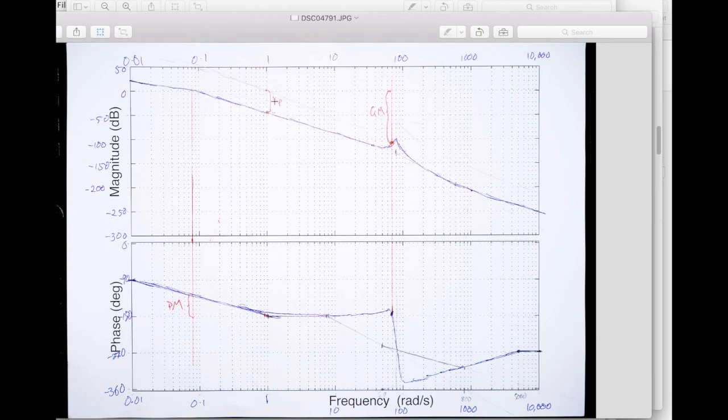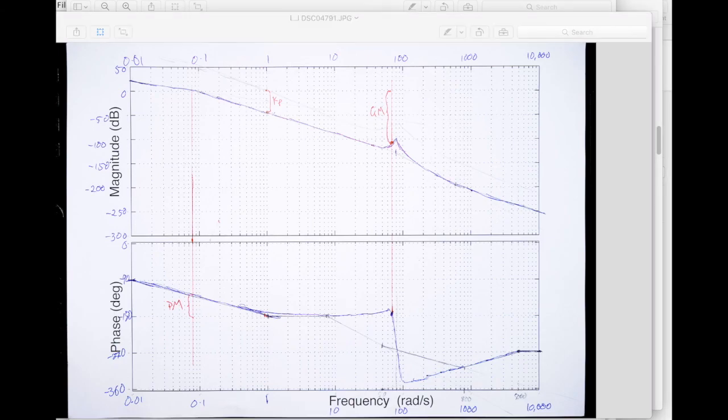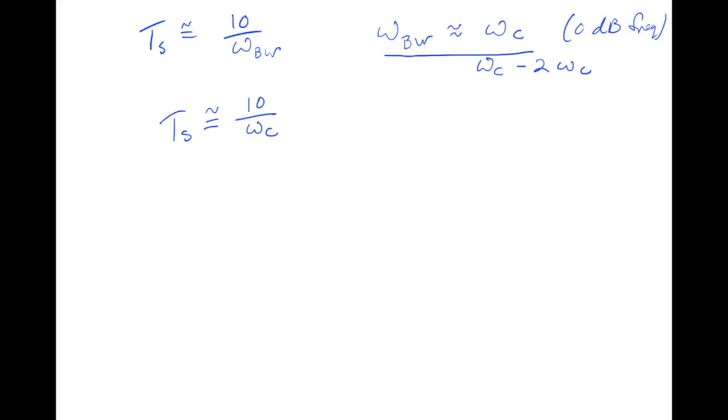We already started this in the lecture, so it's already filled in a little bit. We need to be improving our bandwidth, or improving our crossover frequency, to be more like 1 radian per second. So this is the approximate formula, we want the settling time to equal 10, so obviously that says that our omega C should be approximately equal to 1 radian per second.